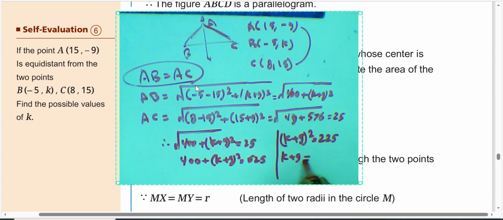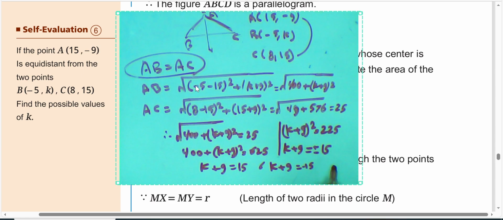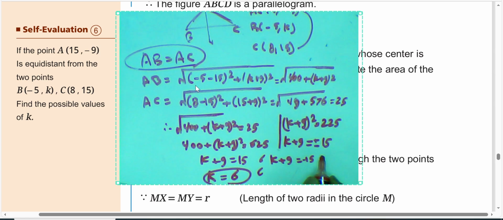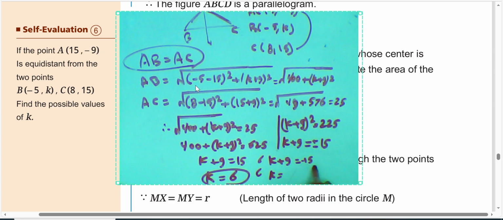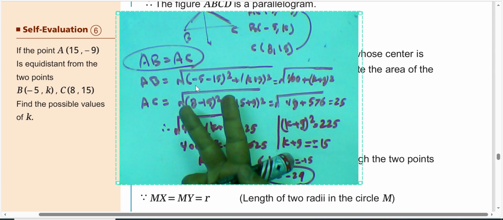Then k plus 9 equals positive or negative square root of 225, which is 15. Then k plus 9 equals 15, or k plus 9 is negative 15. The first k will be equal 15 minus 9 equals 6. The value of k equals 6. Negative 15 minus 9, it will be negative 24. Then the value of k will be 6 or negative 24. We have two solutions of k.